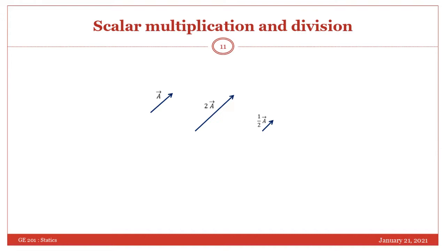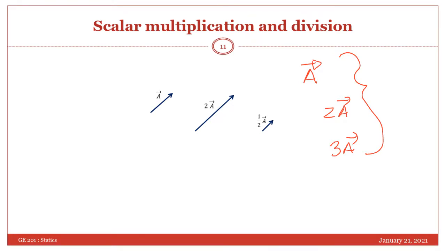For example, if this is vector A, this is vector 2A, and this is vector 3A, can anyone tell me what is the difference between these three vectors?